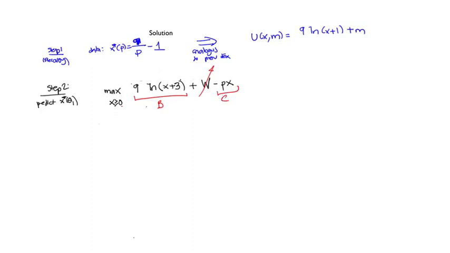and therefore we can apply the same recipes. That implies that we need to care about the marginal benefit and the marginal cost. The marginal benefit of how much you buy is just the derivative of this, which is 9 divided by x plus 3, and the marginal cost is just p. So the intuition looks very similar to the first order conditions of every problem that we have seen.